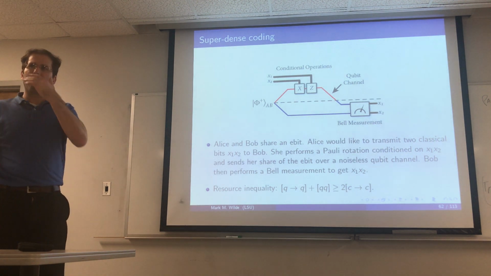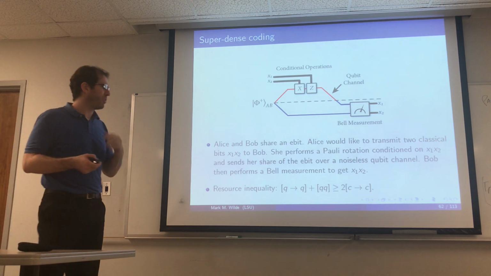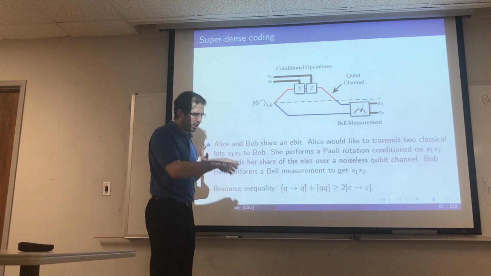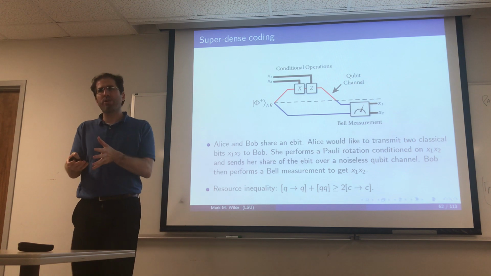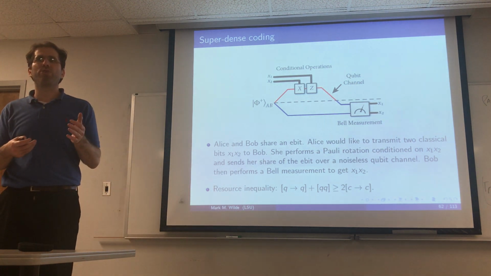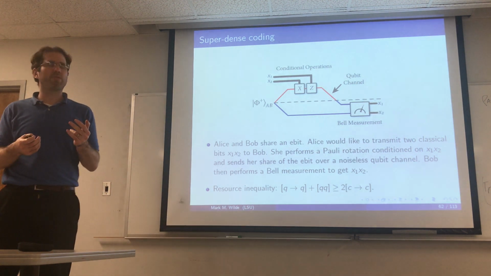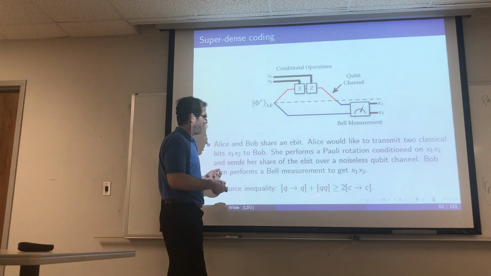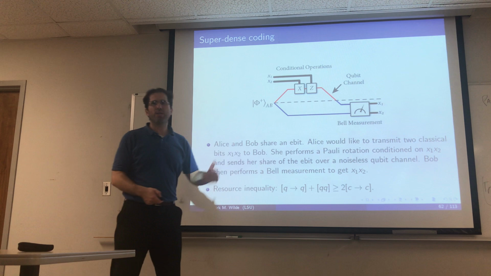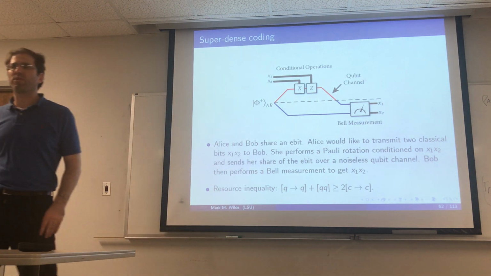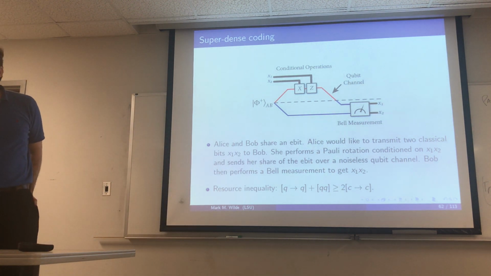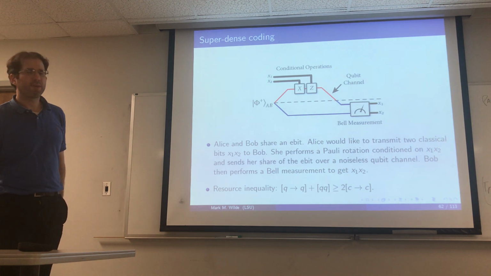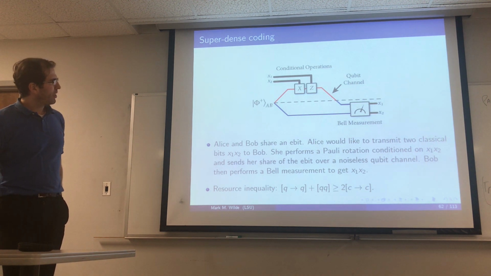An entangled bit is cheaper than a qubit channel, right? A qubit channel can make an E-bit, but an E-bit alone cannot make a qubit channel. So it's cheaper than a qubit channel. So by using something cheaper, you can still send 2 classical bits. So that's why this is interesting in a resource theoretic sense. Okay? So that's superdense coding.